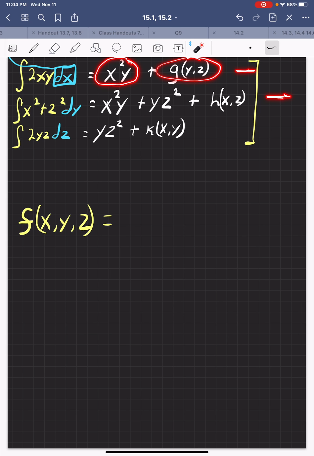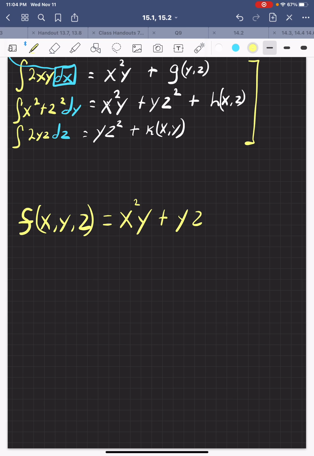I already have an x squared y, so I won't take another one, but I don't have a yz squared, so I'll take that, and I'll take that h. Go down to the third line. I already have a yz squared, so I won't take another one, but I will take that k. So you end up with x squared y plus yz squared plus g plus h plus k. And that is fine for our test.